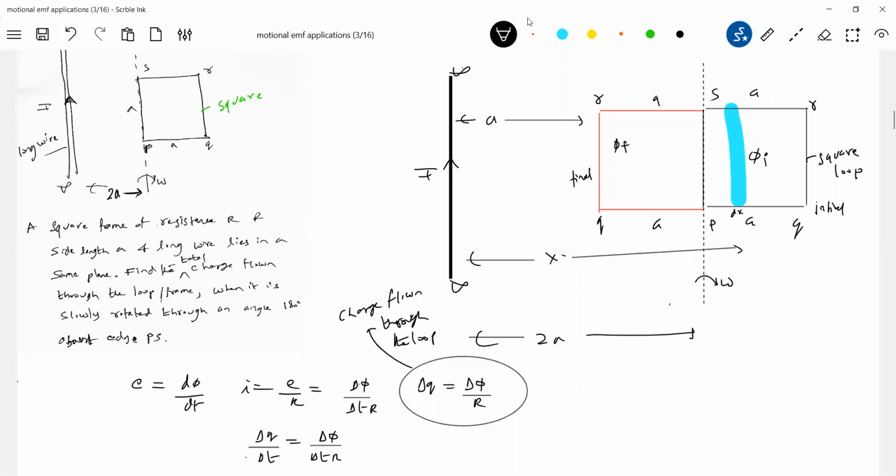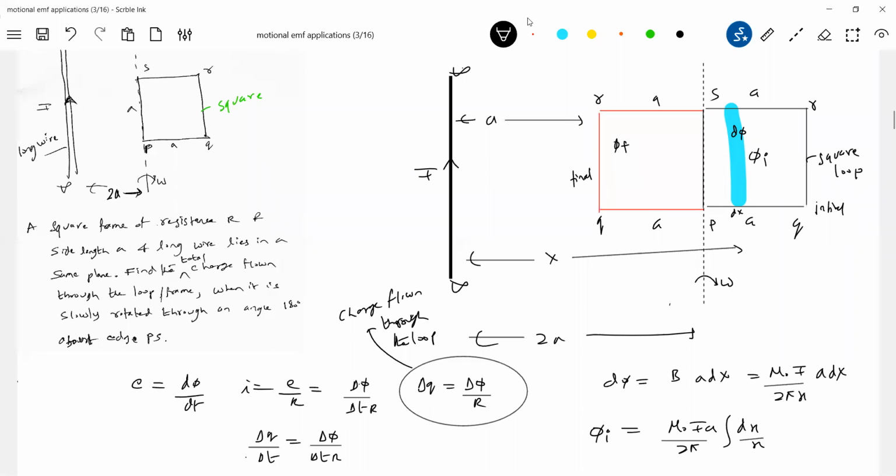Now what is the flux linking that particular strip? d phi is equal to b into a dx. What is b equal to? Mu naught I by 2 pi x, into a dx. This should be equal to mu naught I a by 2 pi, dx by x. So let me call this the initial flux.